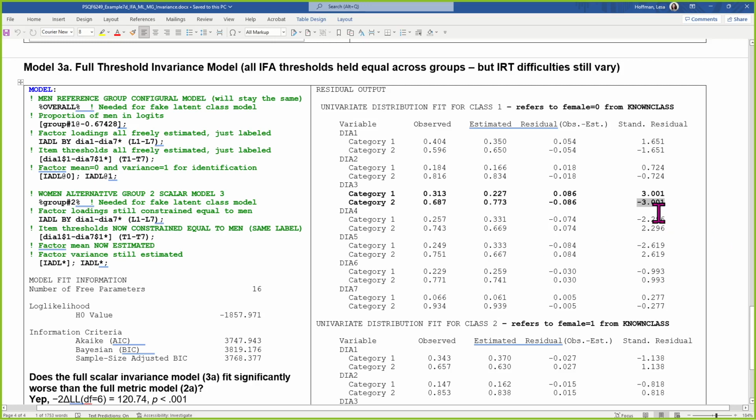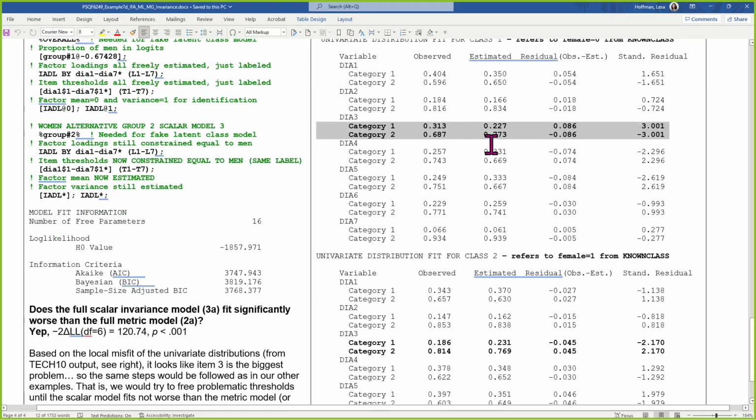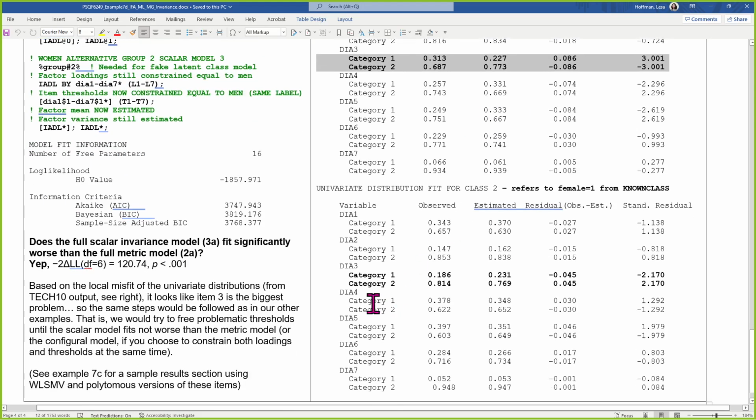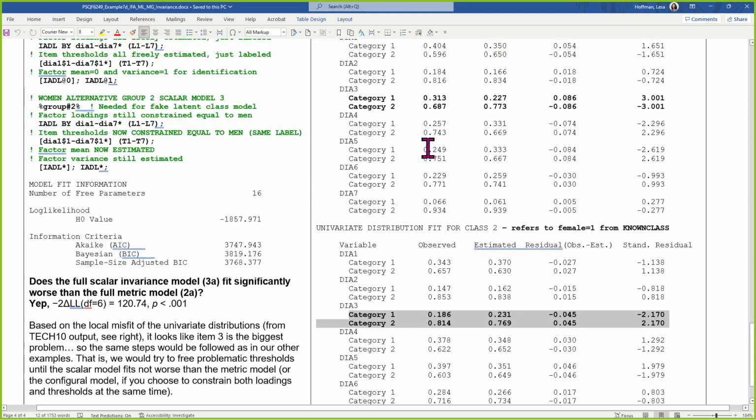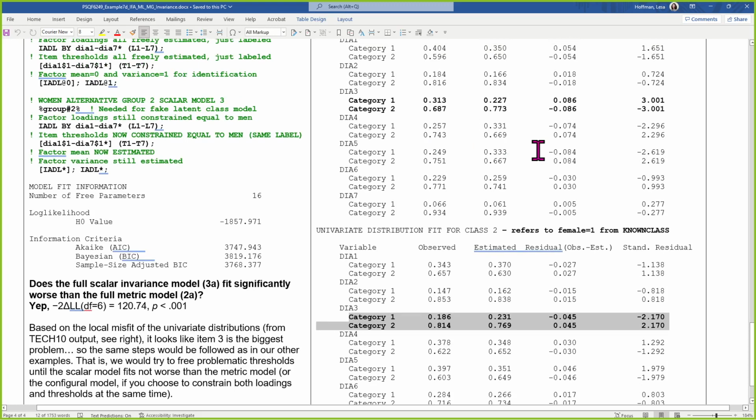So for item 3, it looks like the predicted probabilities marginally are the wrongest. And so that would be a place to start, I think, in terms of which item thresholds might need to go. They're also off in the women, more than for other items as well. So that's what you would have to do, is go through and try to figure out which items are driving the non-invariance, but without the same easy tools to do so.